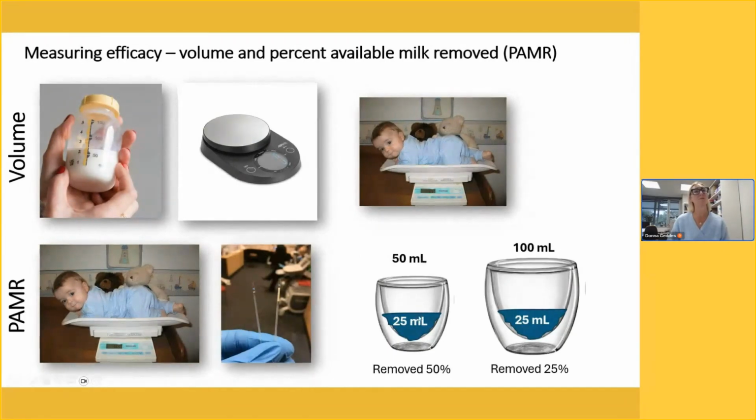So she has removed 50% of the available milk. However, this mother had a fuller breast and had 100 mils in her breast. So she removed 25% of the milk that was in the breast. Hence, our mother with the lower volume was much more effective at removing milk than our mother with the higher volume in her breast.